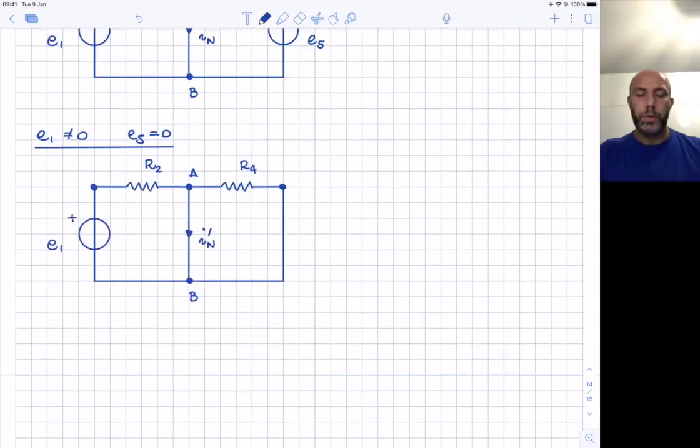The first contribution is calculated when E1 is kept on and E5 is switched off. In this case, the resistance R4 is short-circuited by the short circuit between nodes A and B, and so IN prime equals E1 divided by R2.